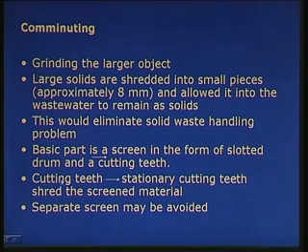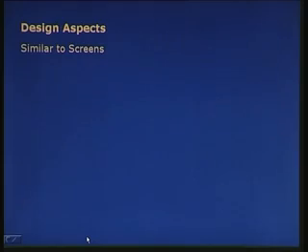By having a shredder, that is a cutter or cutting teeth, and also a slotted drum which acts as a screen, we can avoid separate screens. Comminuting itself can do shredding as well as screening.